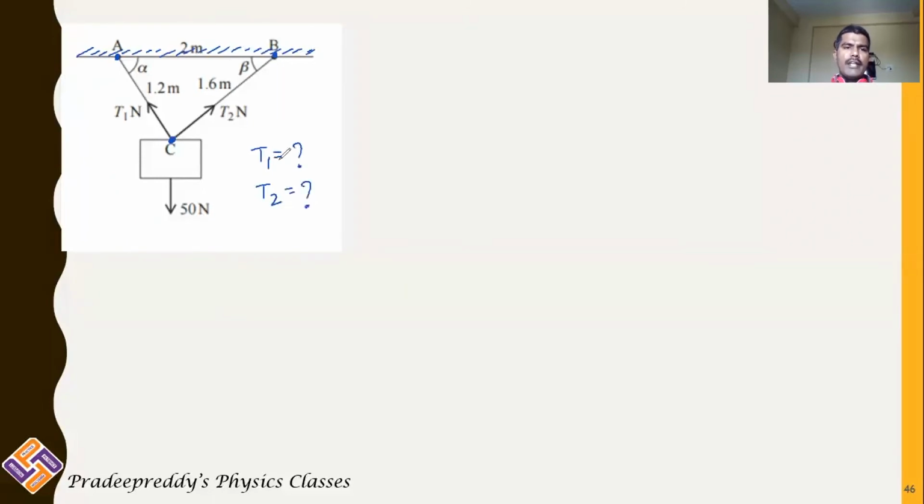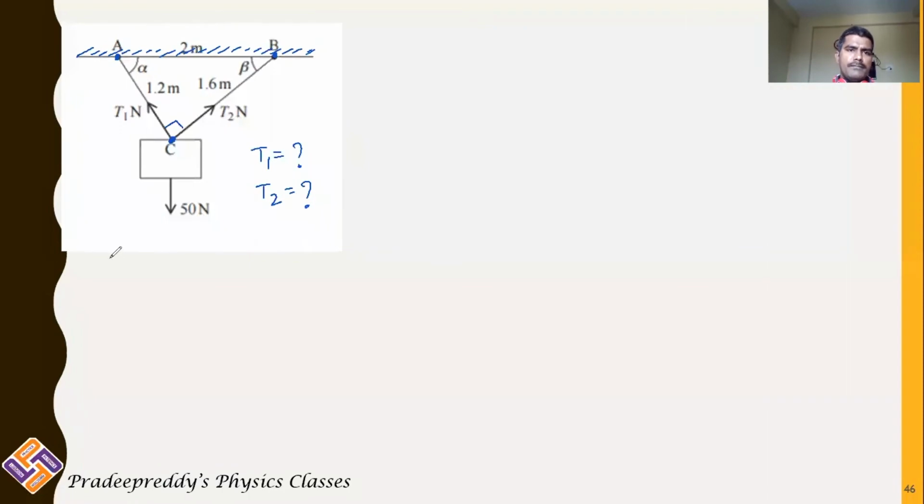You want to find out tension T1 and T2, and the sides of these wires or of this triangle is being given. A to C length is 1.2. B to C length is 1.6. A to B length is 2 meter, and these two are perpendicular to each other. Okay. Now check it up.